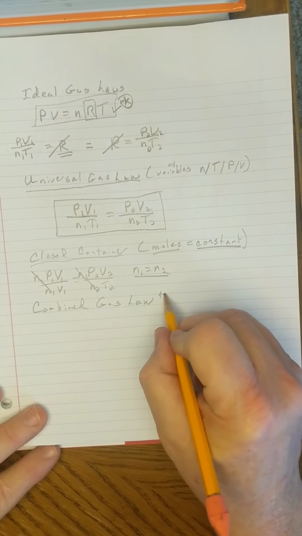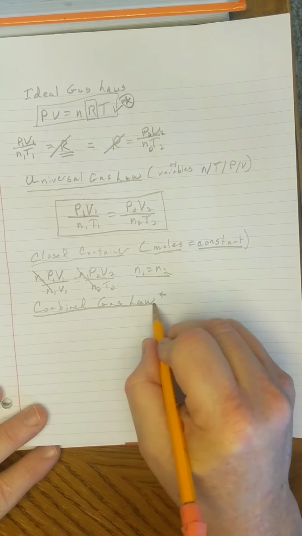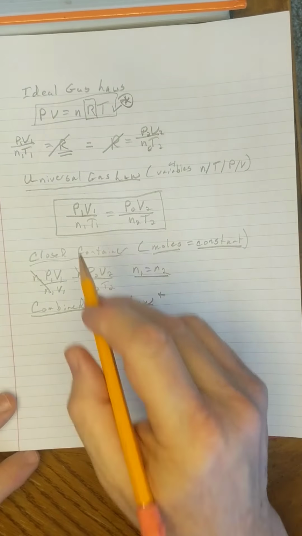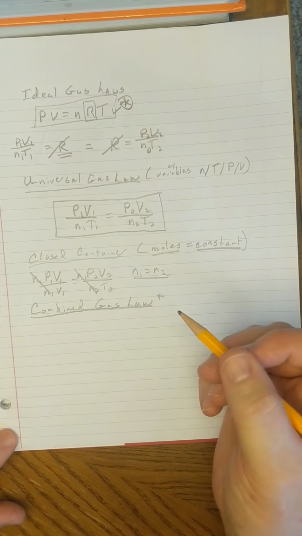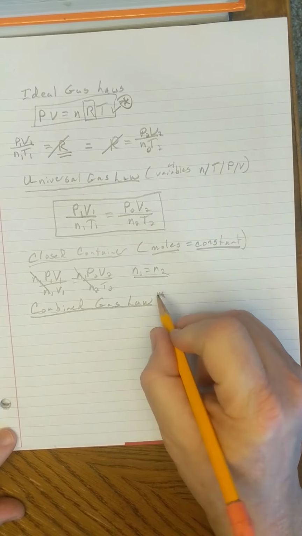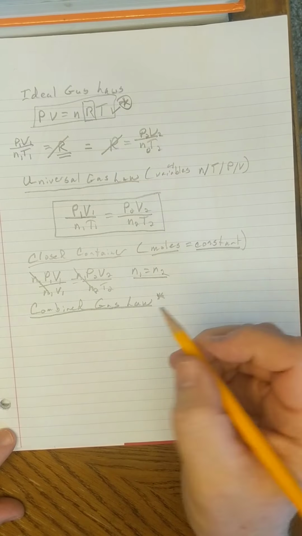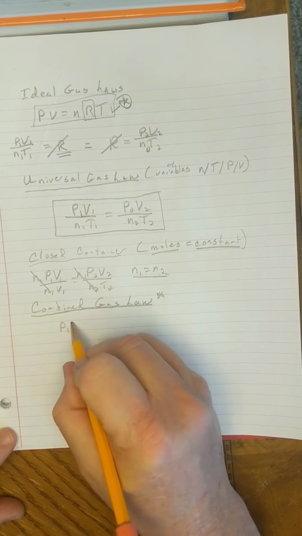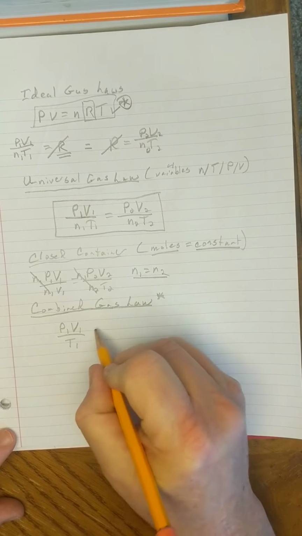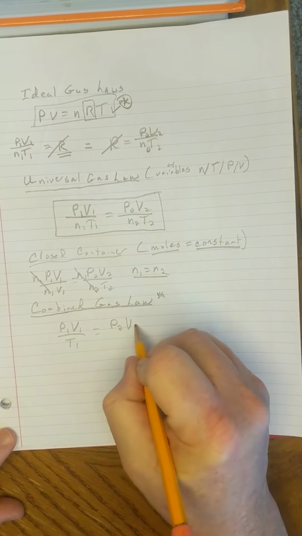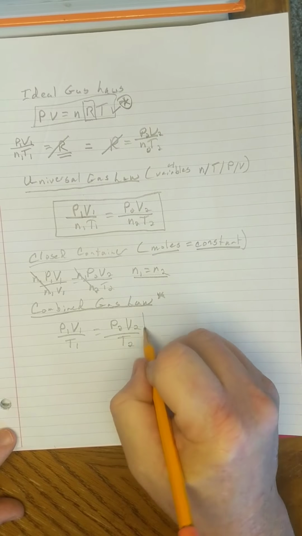Now, this would be the second law, which I normally tell people to memorize. If you're going to know any gas law other than PV equals nRT, know your combined gas law, and all other laws are easily derived from it. So I get P1 V1 over T1 equals P2 V2 over T2.